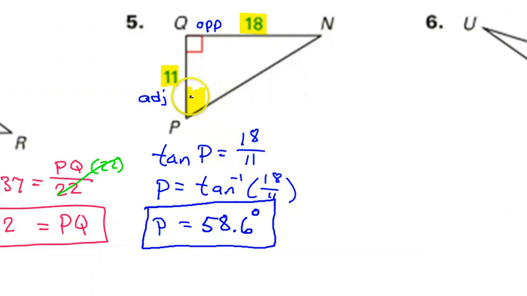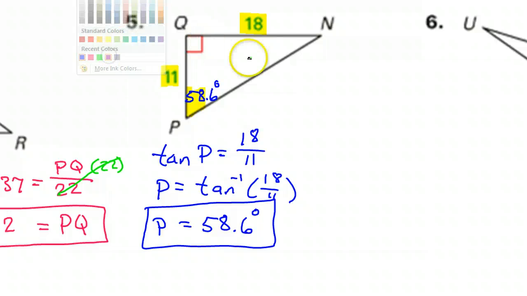So we might as well find the other angle now. Once you have one angle, finding the other angle, you really don't need to do the inverse tangent thing again. I mean, not that it would be that difficult, but these two angles have to add up to 90 degrees. They got to add up to 90.